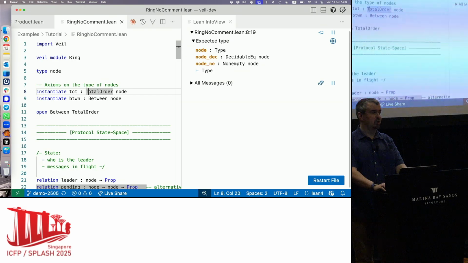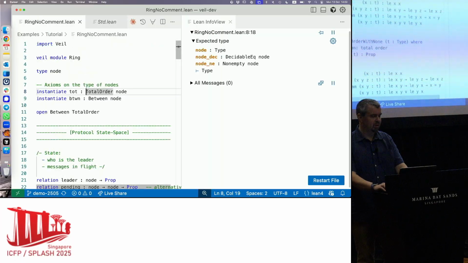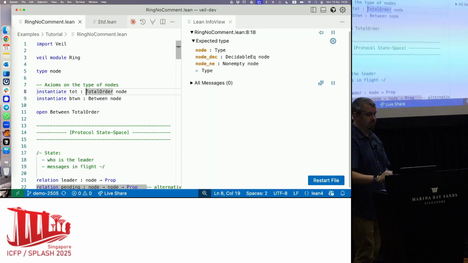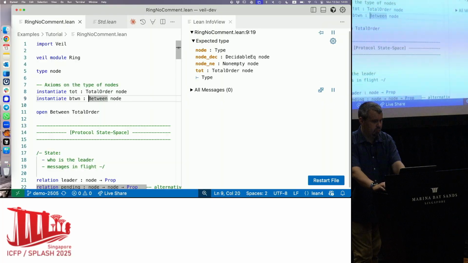Since this is a part of ICFP SPLASH, so talking to the ICFP crowd, how would you implement this theory? Well, the good news is that this is just a type class in Lean. So you can think of it that this whole verification is happening in the presence of an instance of this type class, but the instance is not required unless you try to run it. You can just assume that you are implementing something that comes with this dictionary of facts and the dictionary of relations.